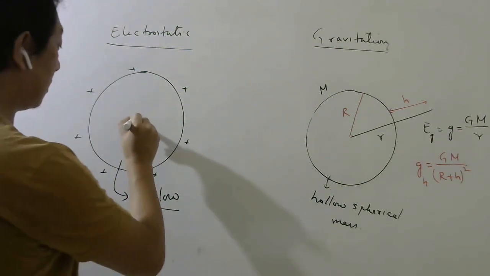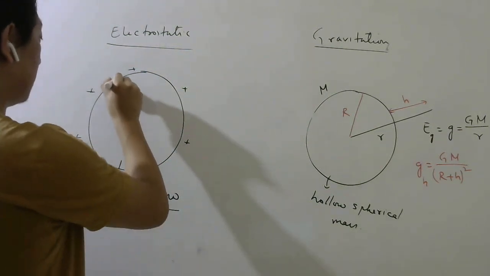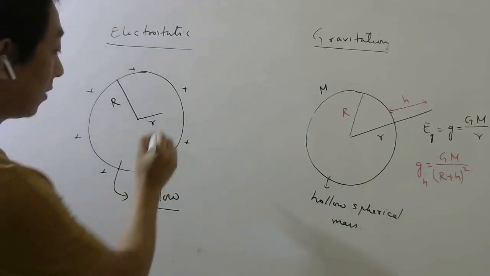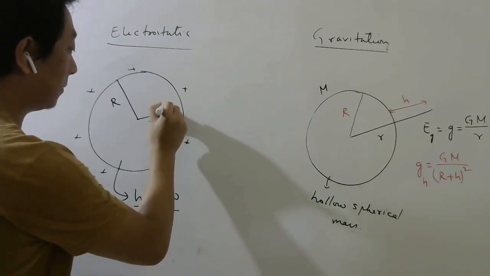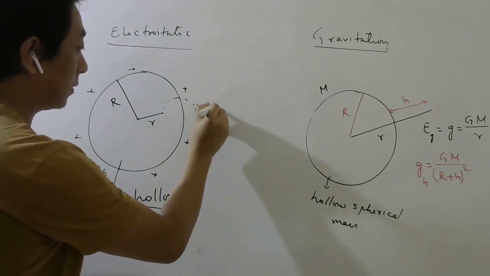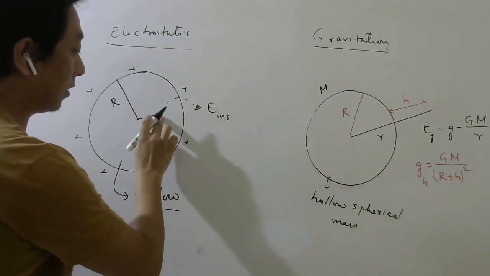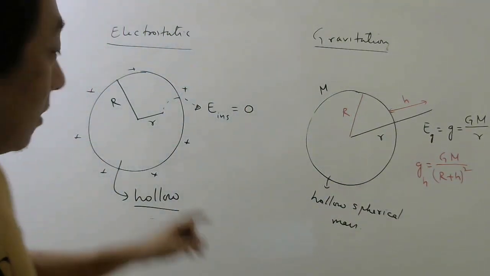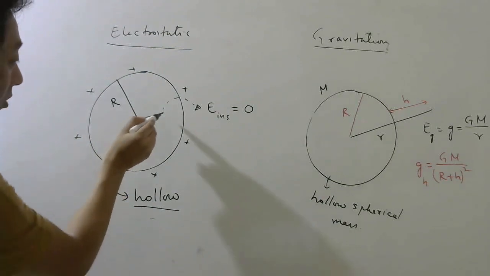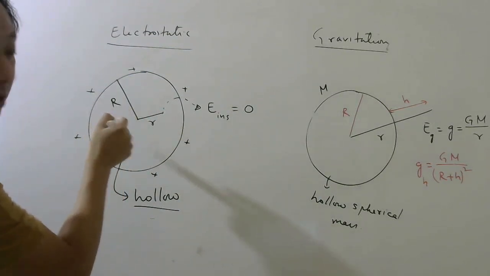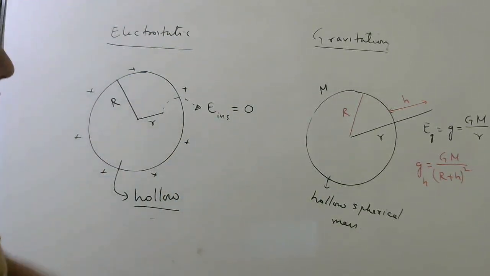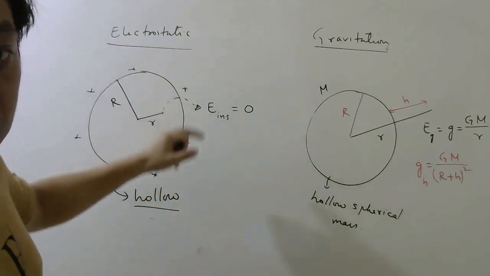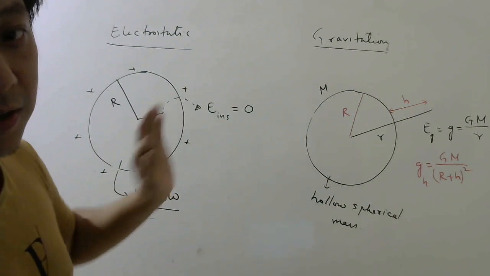Say the radius is capital R, and we want the electric field at some distance small r inside. The answer is 0. From Gauss law, electric field inside is 0, because if you draw a Gaussian surface, the net charge inside is 0. So electric field inside the hollow charged sphere is 0.